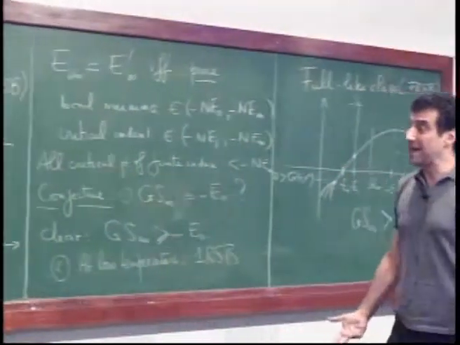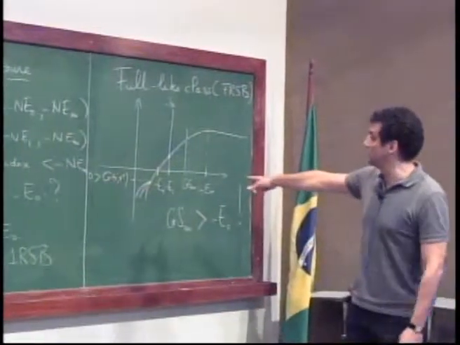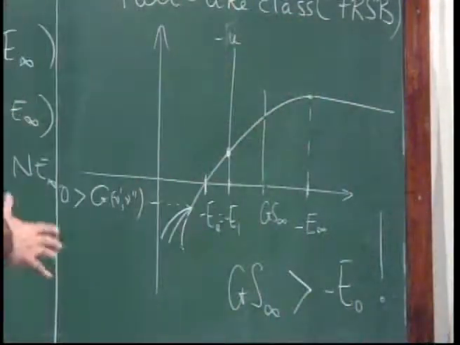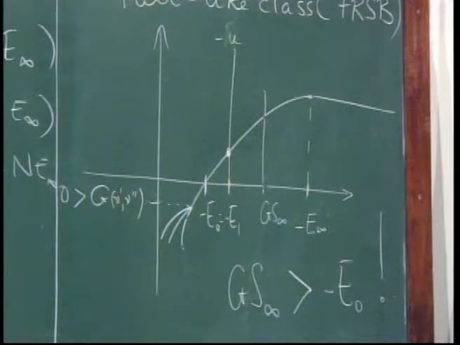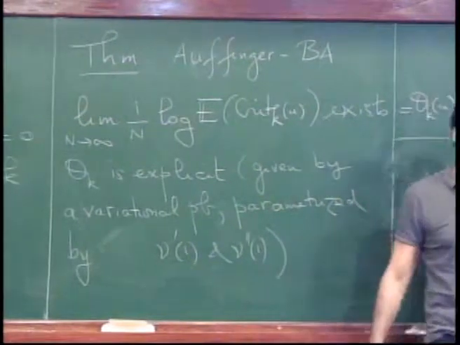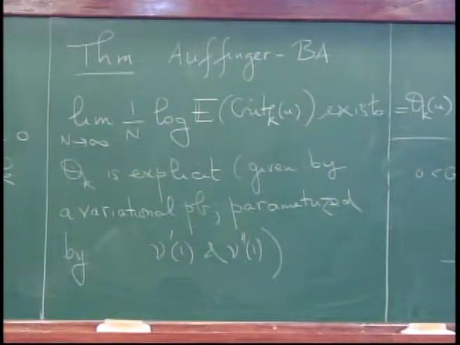Another way to have guessed that concentration could not work here is the following thing. The whole picture I'm giving here depends only on two parameters, the derivative nu prime at 1 and the second derivative nu second at 1. So this picture of complexity depends on two parameters.